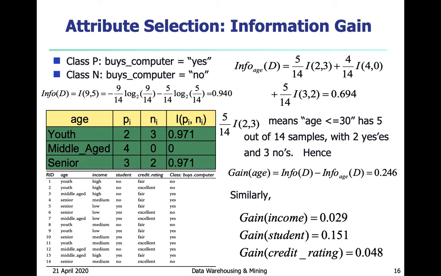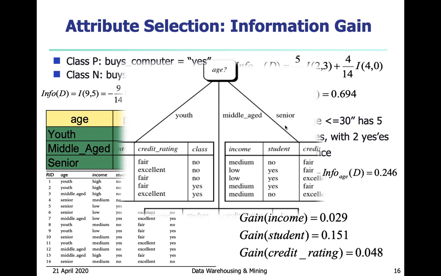So now we will find the information of that particular attribute. These are the entropies.